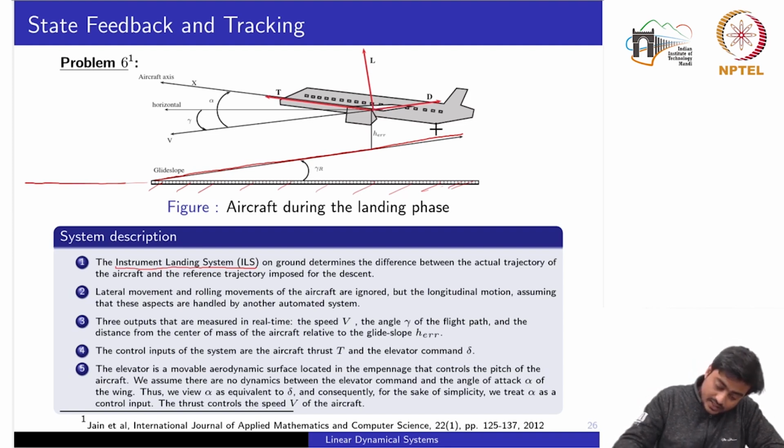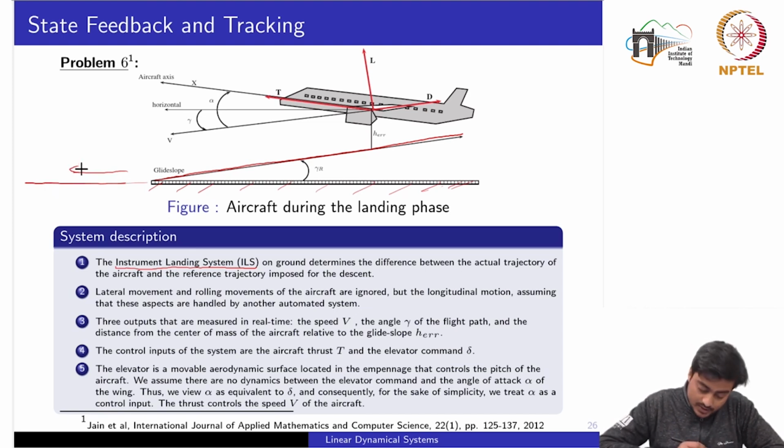The reference trajectory is basically this one given by the glide slope. The error is whatever the height of the aircraft is from the center of mass, and it should descend along this glide slope to finally run onto the runway to lower its speed.